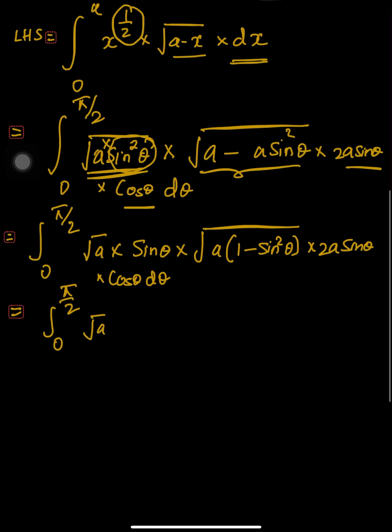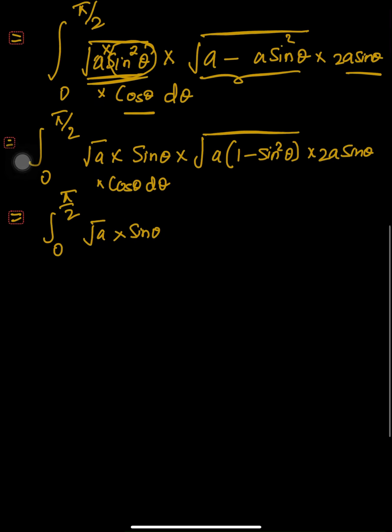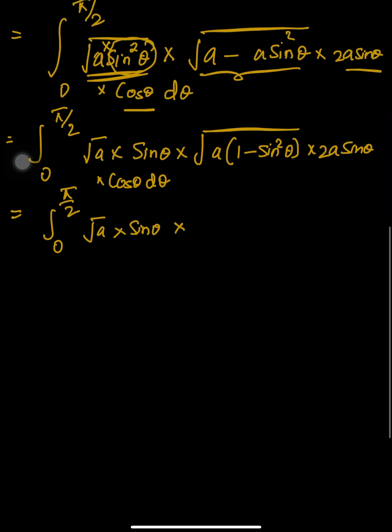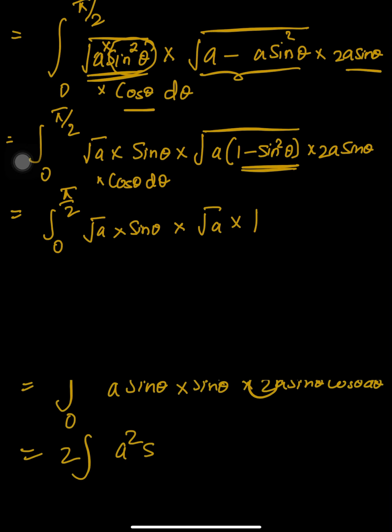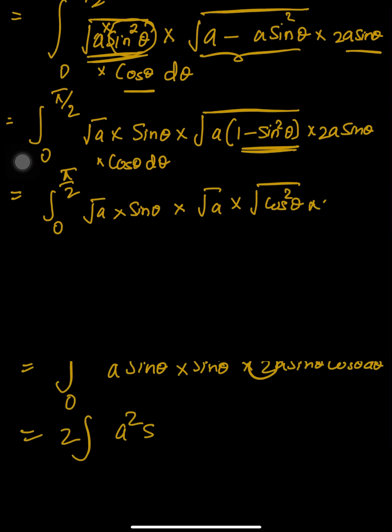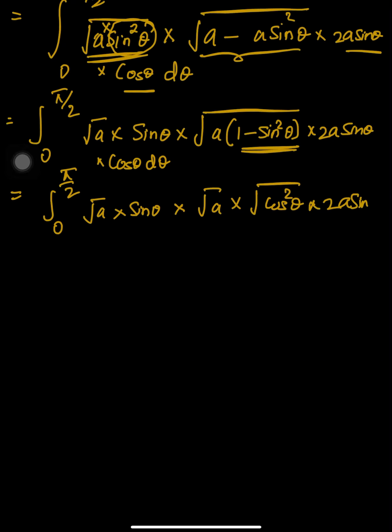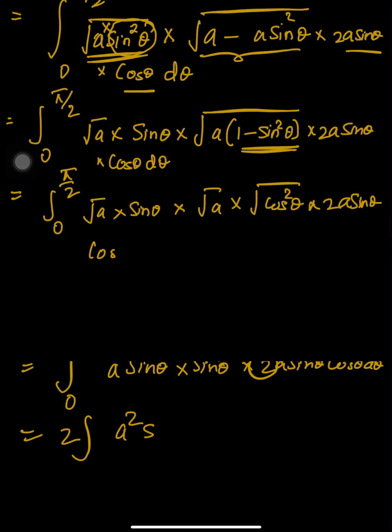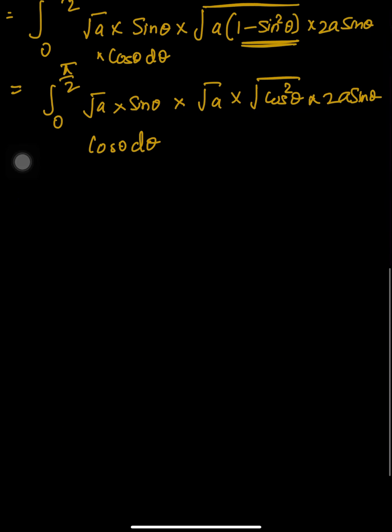Root a, sine theta, times root a times 1 minus sine square theta is cos square theta. So root of cos square theta times 2a sin theta cos theta d theta. So 0 to pi by 2.